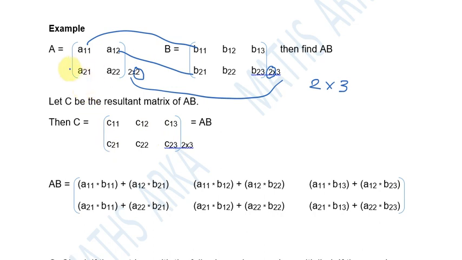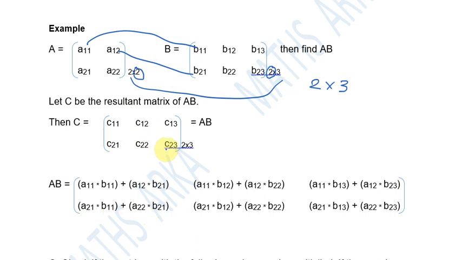So the second row of the first matrix would be multiplied with the first column of the second matrix. So C21 would be A21 into B11 plus A22 into B21. That is what we have written over here. This way you can find any element of the resultant matrix.